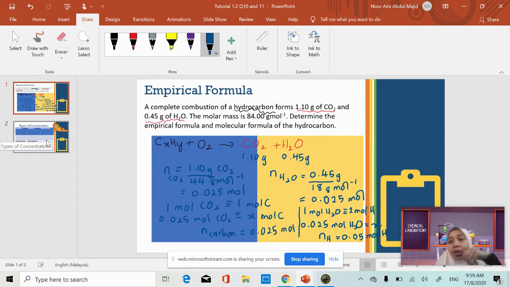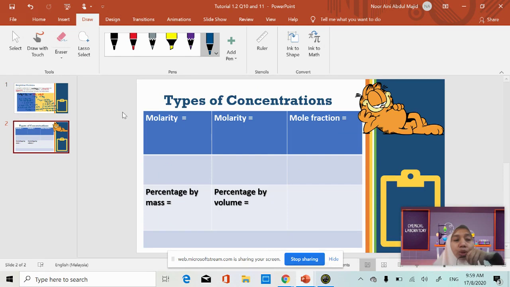Okay, let's proceed with question 11, where you need to know 5 types of concentrations. The first thing that you should do, because you don't have only one, you have 5, you need to be clear of the formula of each.